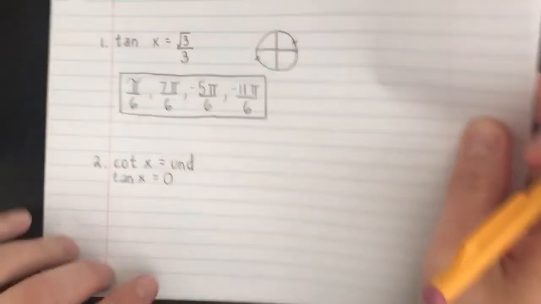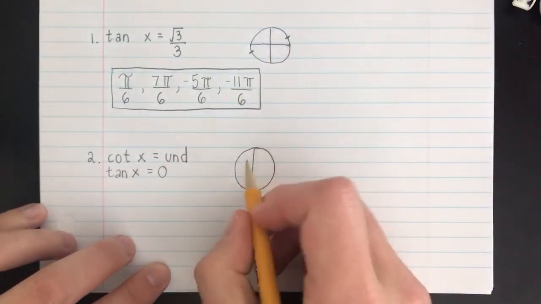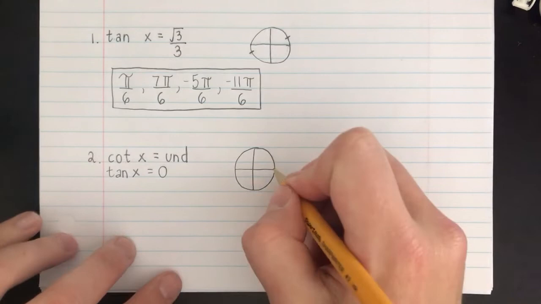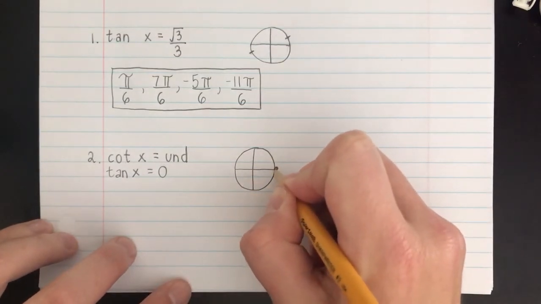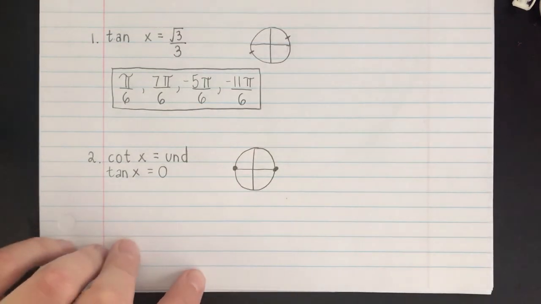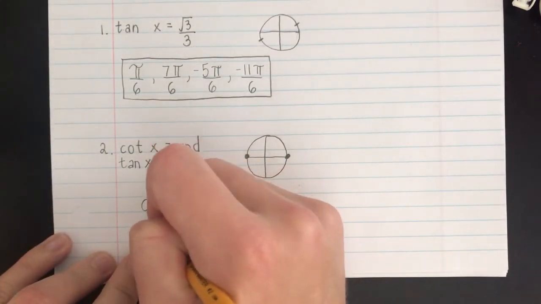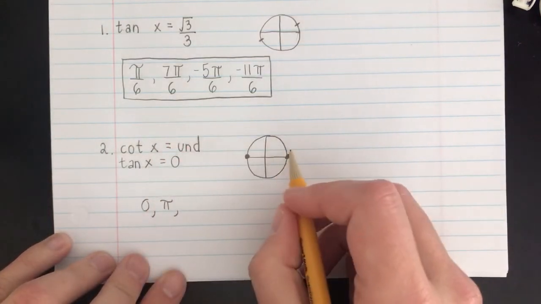So this will be nice. So draw our unit circle. Tangent of x equal to 0 occurs here, and it will also occur here. Okay, so what angles are those? So those are 0, pi, obviously, that's the positive direction.